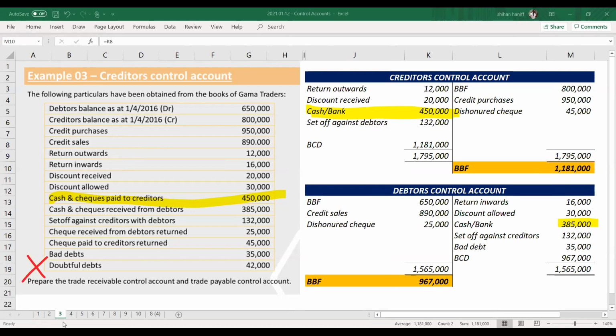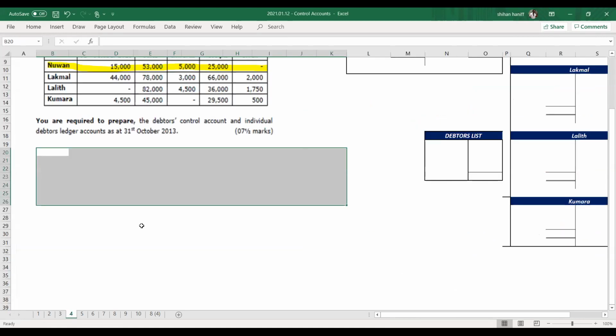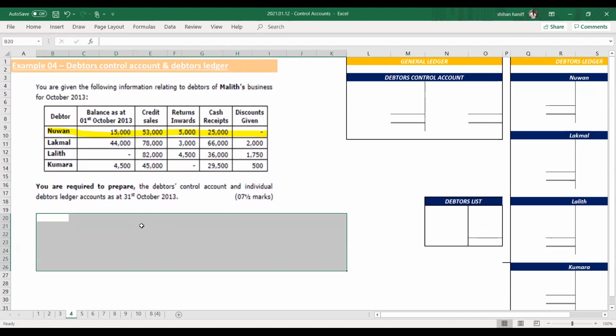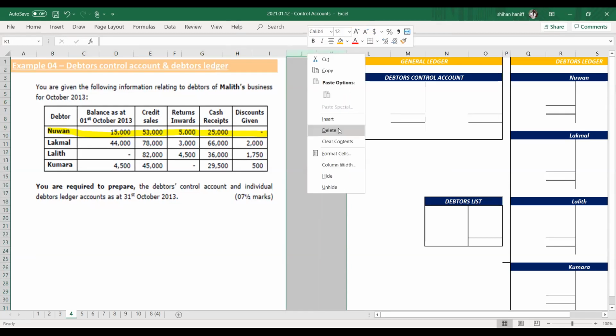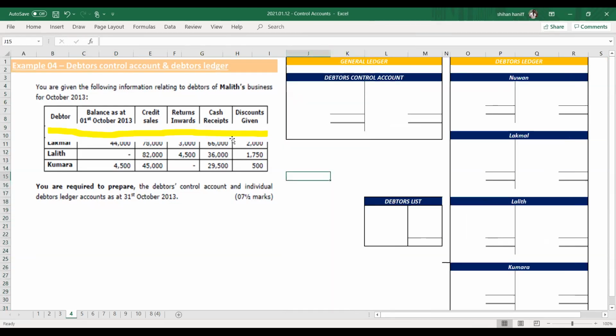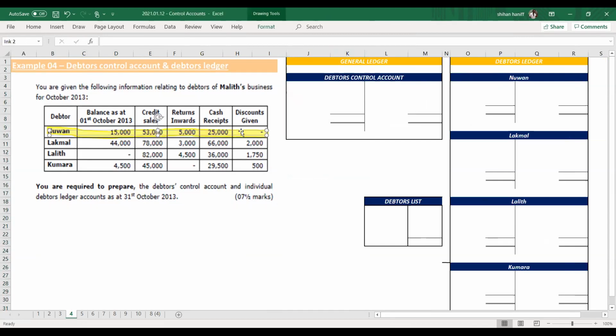Right, so let's do the fourth question. Question number 4. So this is the question. There is a question: why doubtful debt didn't come?